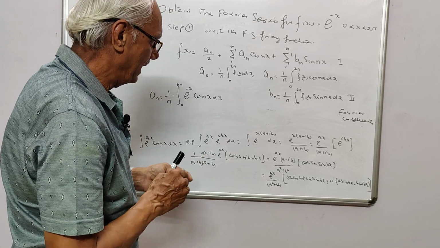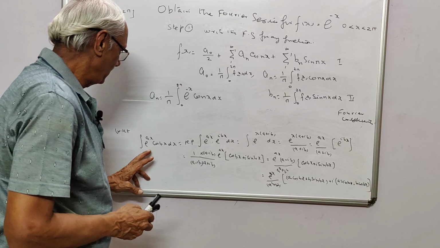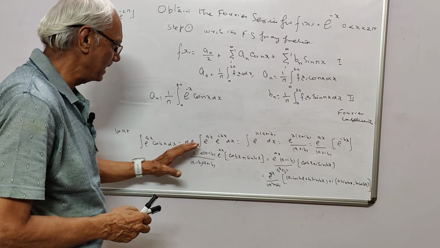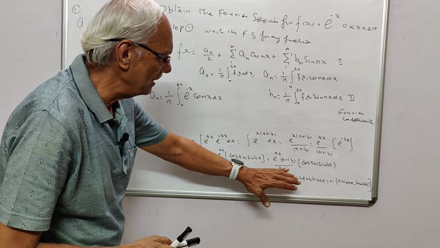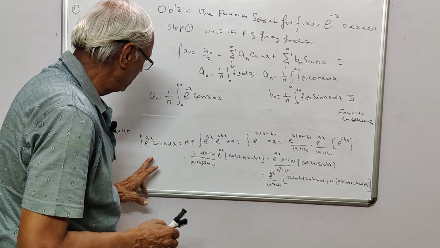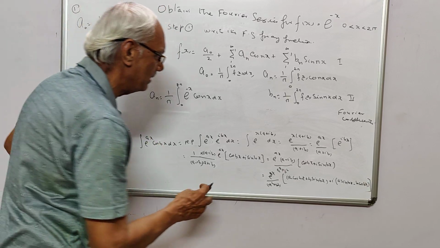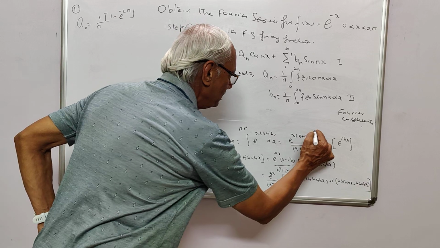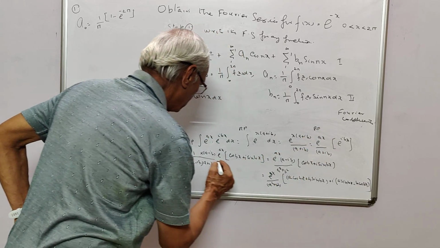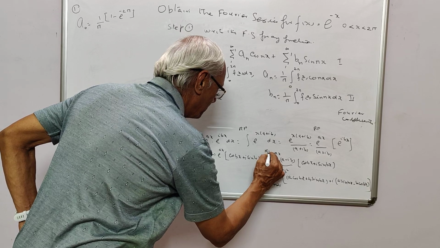So you see that using this idea, e to the power of ax can be written as a real part and then this. Now I have done the full integration here. Understand that everywhere you must take this real part, here also real part, here also real part, and here again real part.